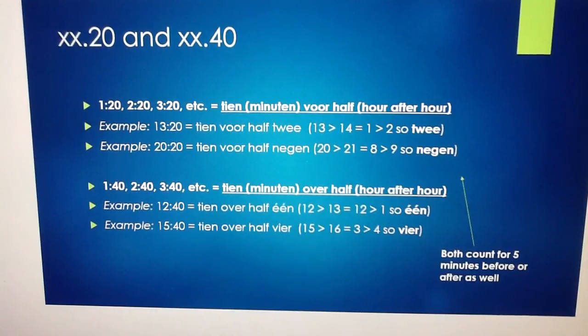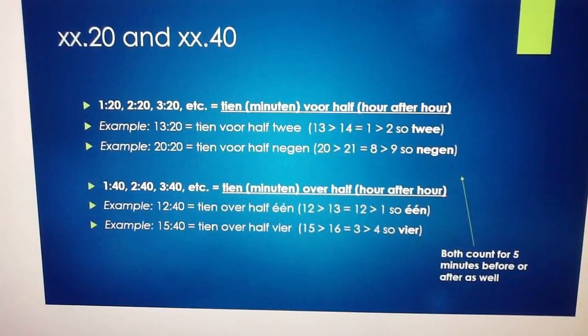So it's 20 minutes past 1 in English, and in Dutch we say 10 voor half 2. Because 13:30 is half 2. You know why? Because 13 is followed by 14. So 1 is followed by 2, so we have to say 2. So 10 voor half 2.